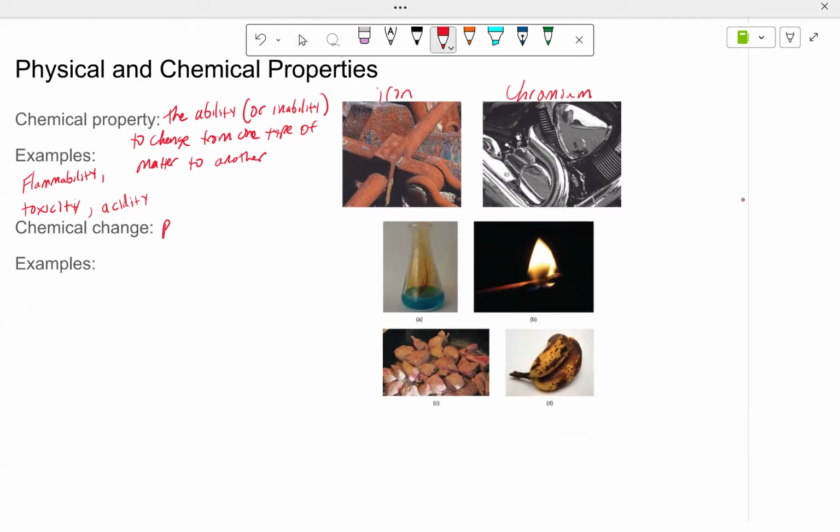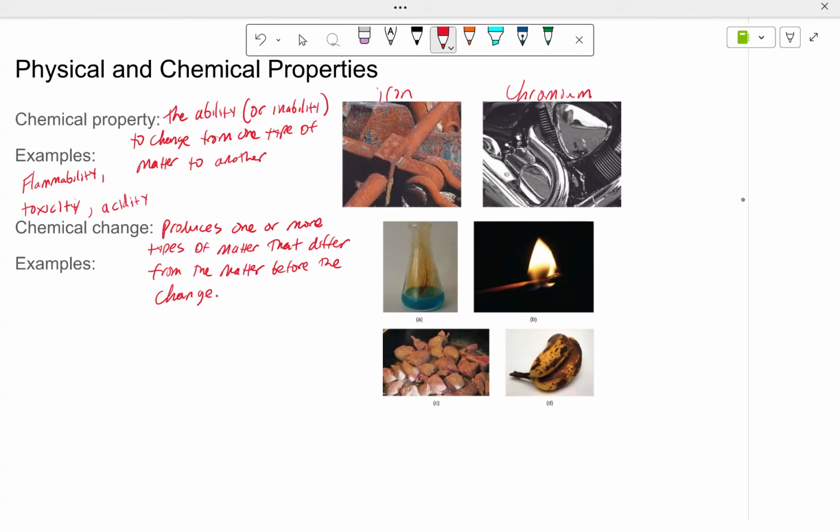So a chemical change produces one or more types of matter that differ from the matter before the change. A simpler way to put that is if you take a substance and you do a chemical reaction and it's not that substance anymore, it's something else, that's a chemical change.